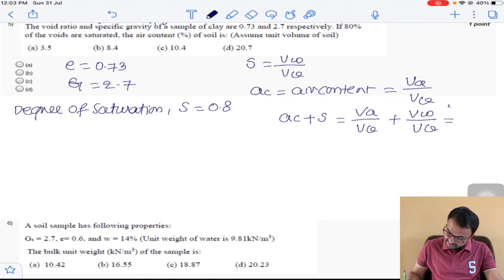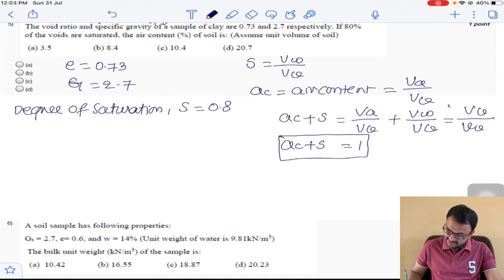So volume of air plus volume of water will be volume of voids, and the denominator volume of voids, that is equal to 1. AC plus S is equal to 1. We know the value of S. We can calculate AC is equal to 1 minus S, that is 1 minus 0.8, that is AC is equal to 0.2. Is it clear?